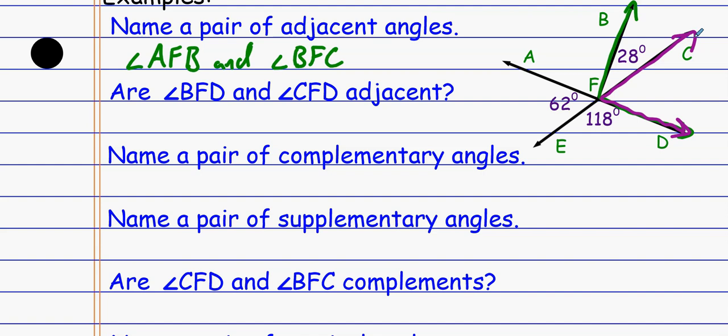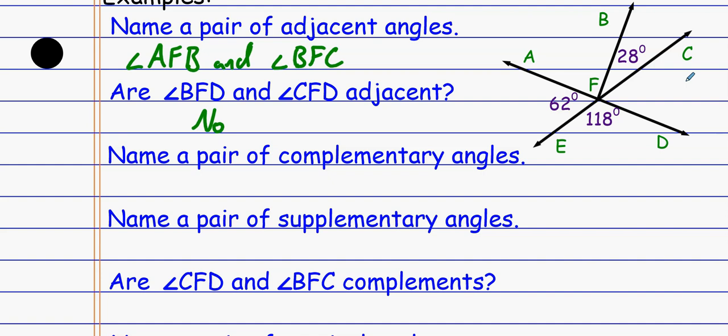Remember, adjacent doesn't mean inside, it means next to, okay? Adjacent means side by side, and those aren't side by side. One of them is inside of the other one, and so those are not adjacent angles, okay? So no, those are not adjacent angles because yes, they share one of their sides, but one of them is inside the other. So remember, it's side by side. They're separate but touching, okay?